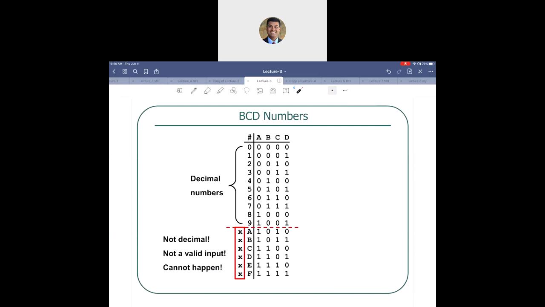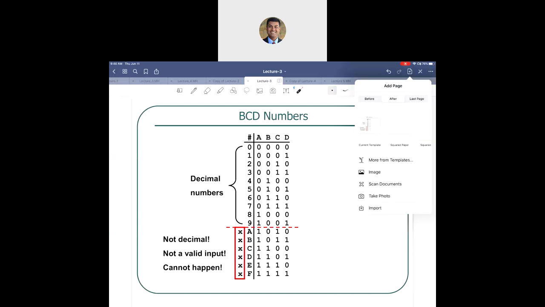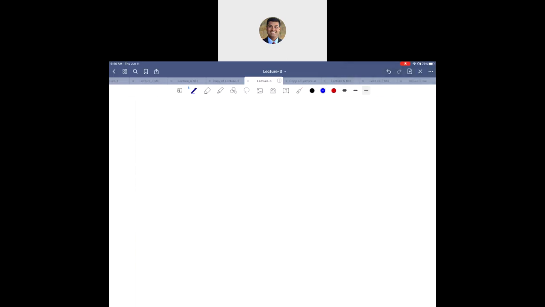Now let's do this. Let's write up a truth table here. Let's do a good example. So what I'll do is I will start off with a truth table.